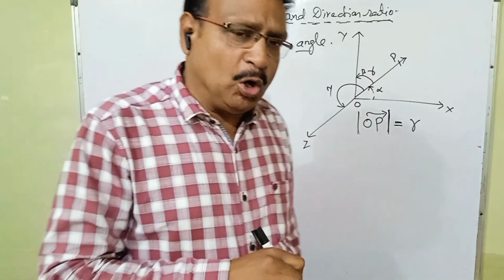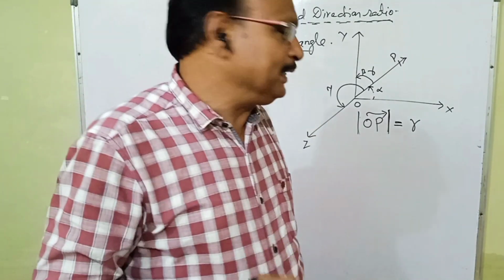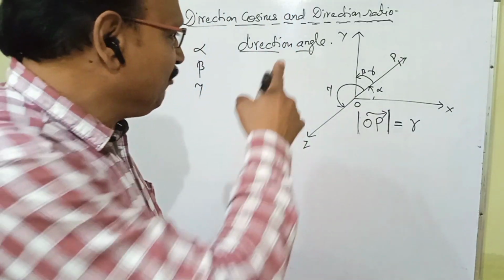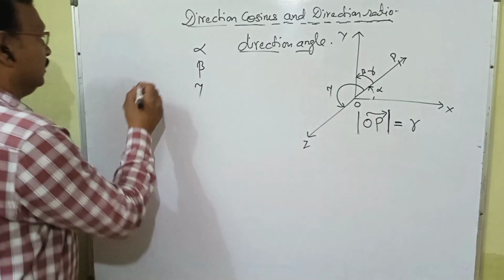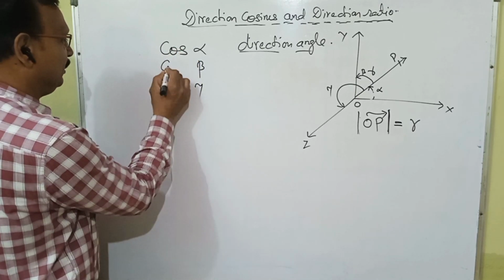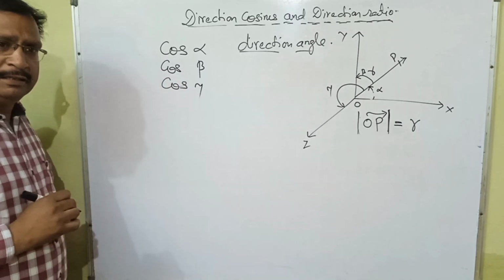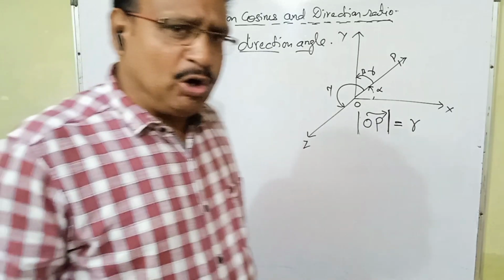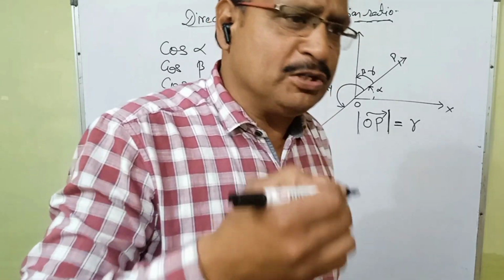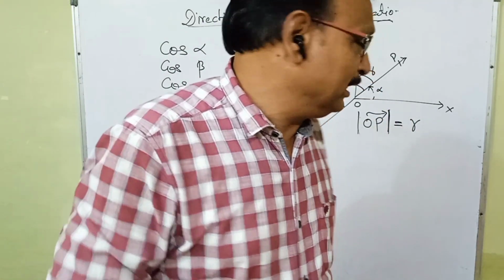When we take the cosines of these angles, we get the direction cosines of vector OP. We write cos alpha, cos beta, and cos gamma. So it is very clear that cos alpha, cos beta and cos gamma are the direction cosines of vector OP.